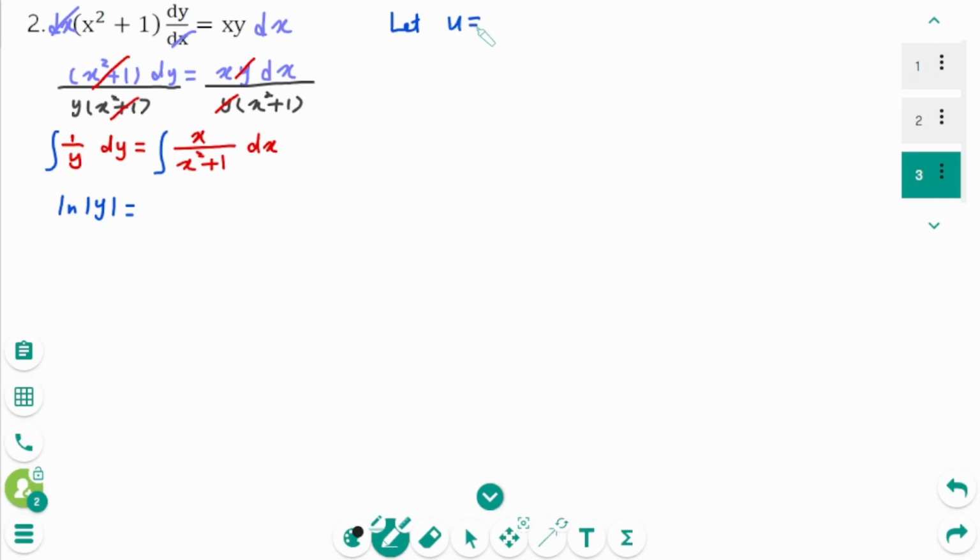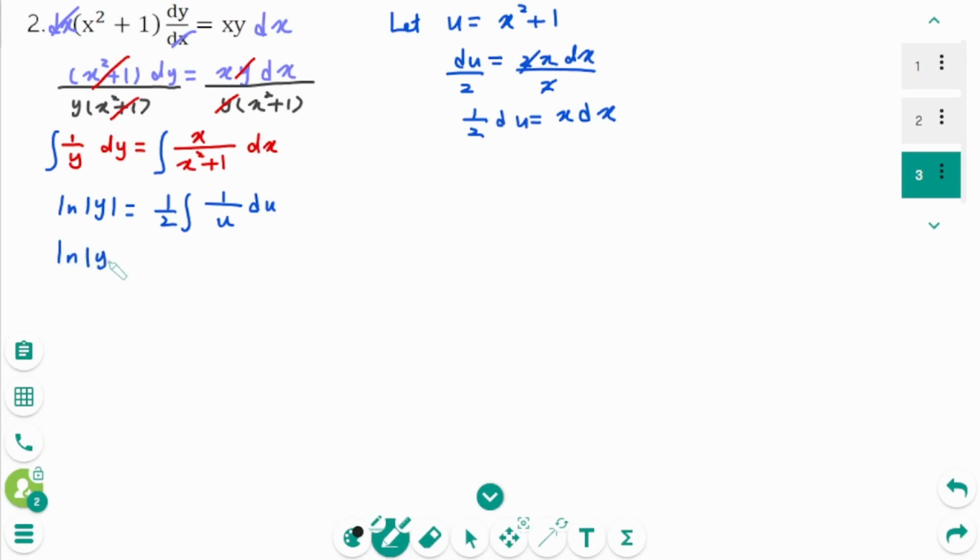Let u equal x squared plus 1. Then derive on each side, du equals 2x dx. Then divide by 2 on each side, 1 over 2 du equals x dx. Then back to the original. 1 over 2 integral of x dx is 1 over 2 du, then 1 over x squared plus 1 is u du.